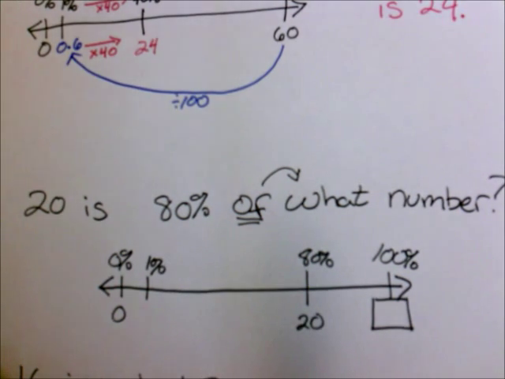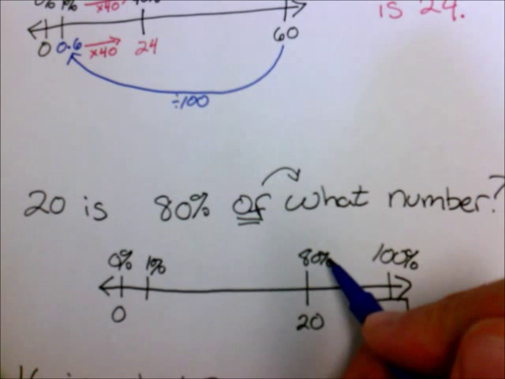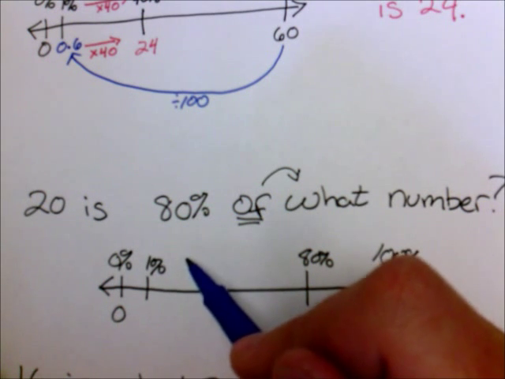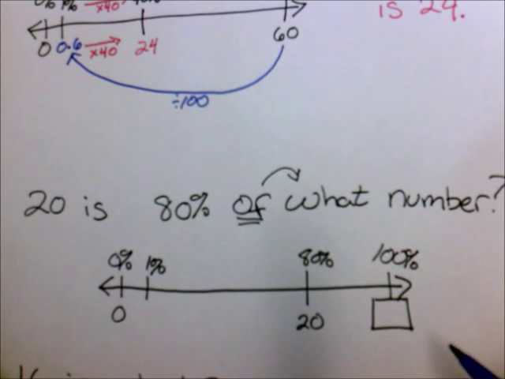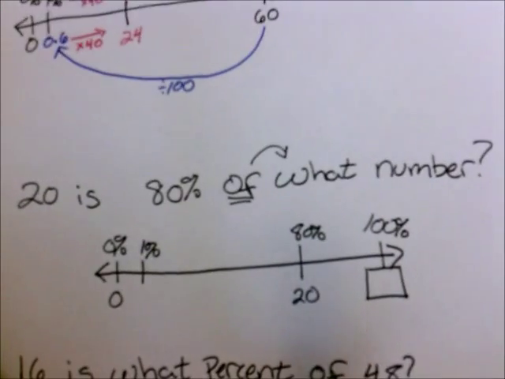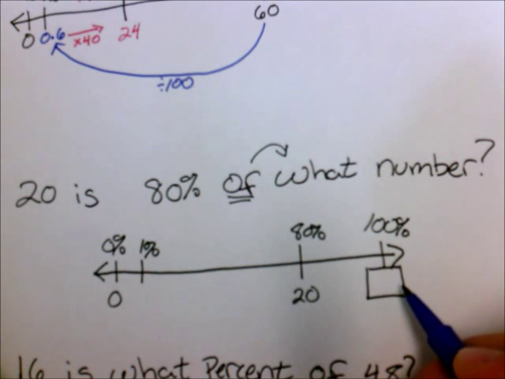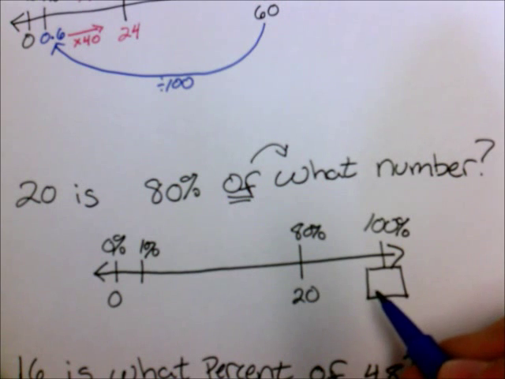So once again, how do I go? And this time, I need to figure out how do I go from 80 down to 1%? One of the big misconceptions students have is, well, in the previous problem up here, I went from 100 down to 1, so I'm going to do the same thing here. Well, if I divide by 100, what do I divide by down here? I don't have anything right now, so I can't do that just yet.